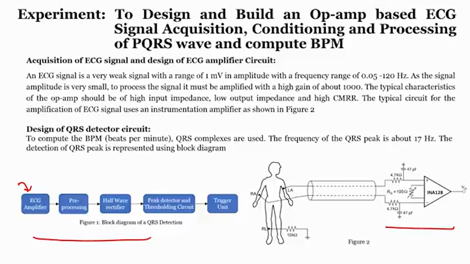Since the signal we receive, when you look into figure 2, the electrodes are placed in such a way that one will be on our right arm, the other on our left arm, and the right leg will act as a ground. So, the signals we receive are RA versus ground and LA versus ground. The difference between these two signals is nothing but our ECG signal.